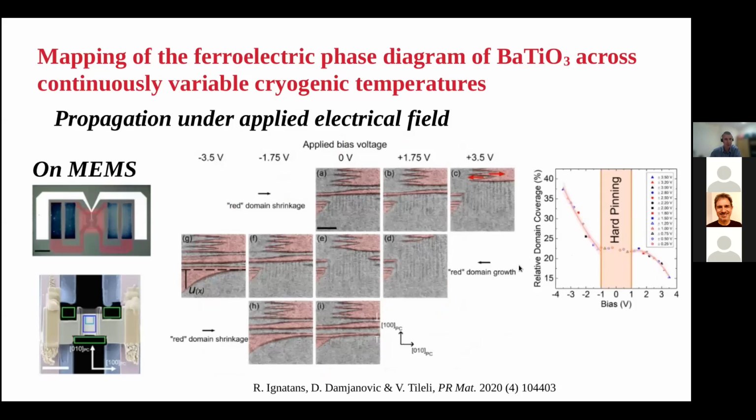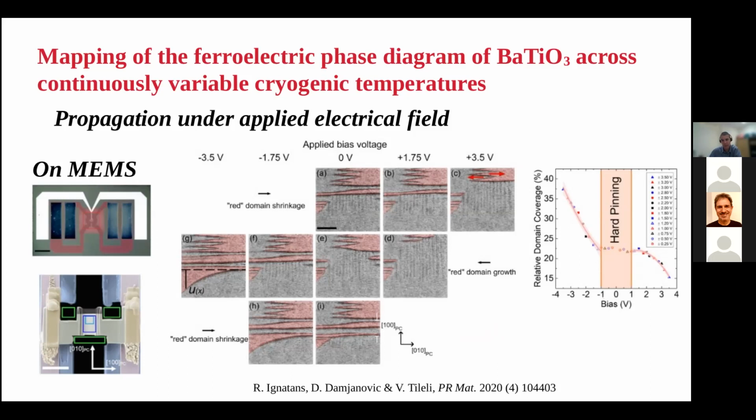On top of that, we also want to do some operando measurements. So we want to see how the ferroelectric domains are influenced by the electric field which is applied across the lamella, and how the motion of the ferroelectric domains is affected by the pinning sites. So it's what my colleague at EPFL did quite recently.